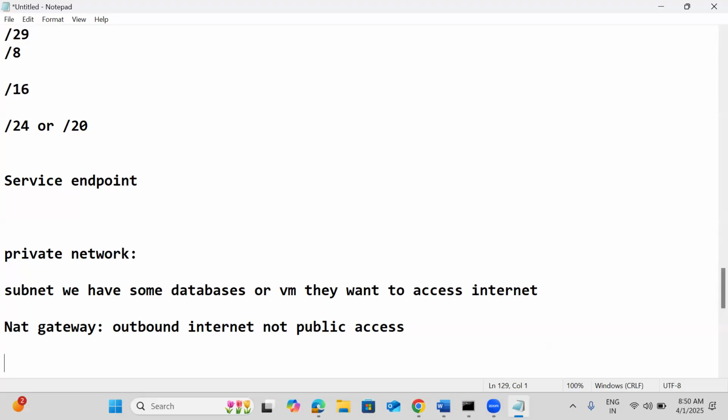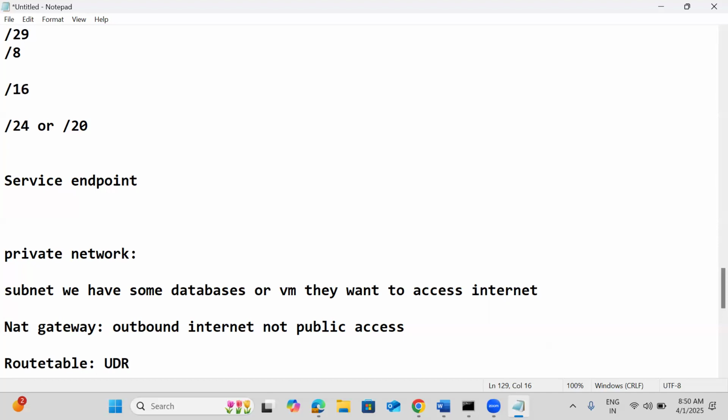Then another important concept is called the route table. So what is the concept of the route table? We can create user defined routes. Route tables are nothing but how the routing is going to happen.